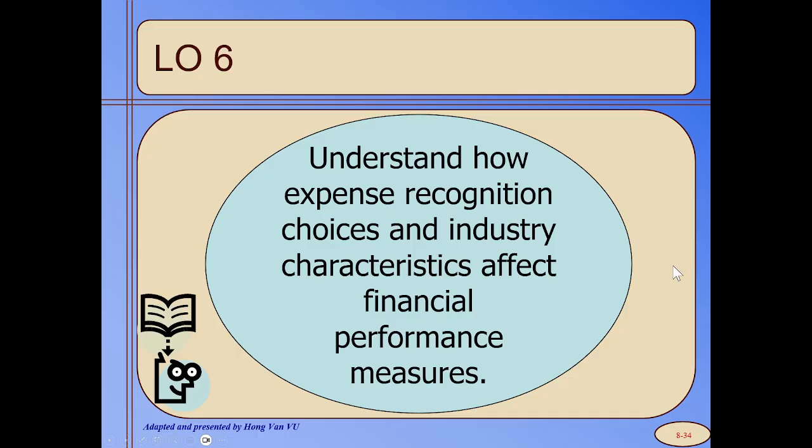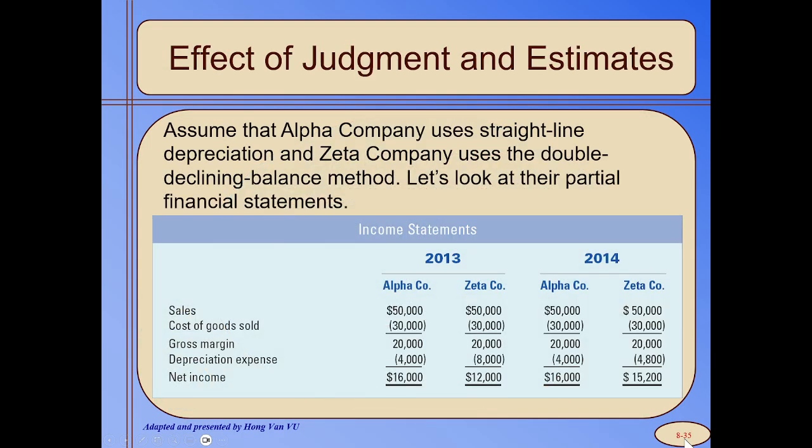Now we will look at how the expense recognition choices and industry characteristics affect financial performance measures. Assume that Alpha company uses straight line depreciation and Zeta company uses the double declining balance method. Let's look at the partial financial statements.